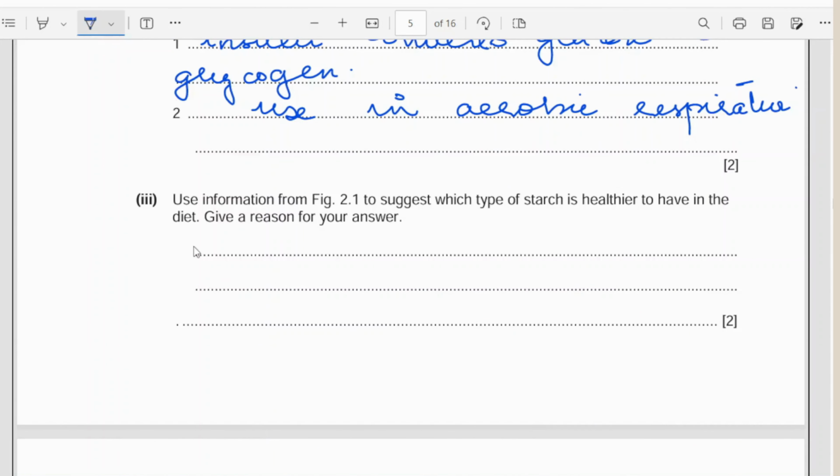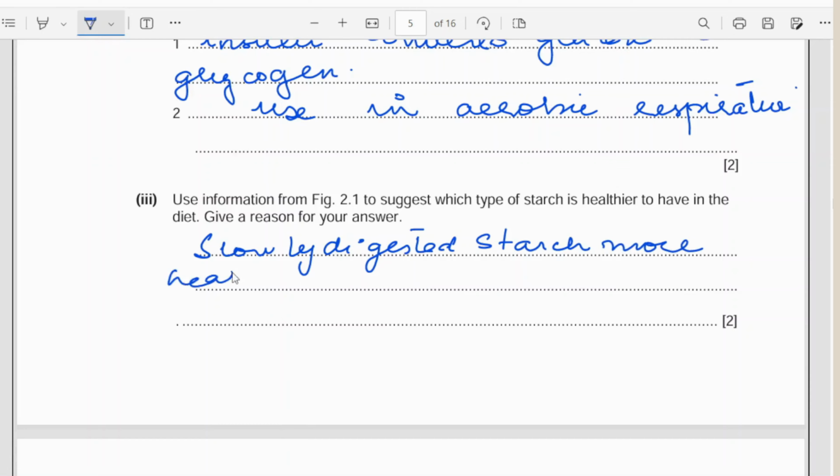So yes, we say that slowly digested starch is healthier because it causes less variation in the blood glucose level. We don't say spike.